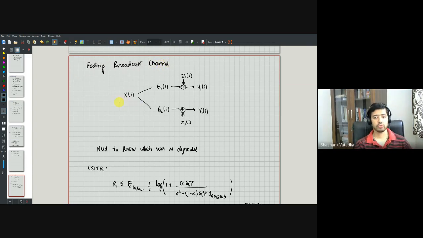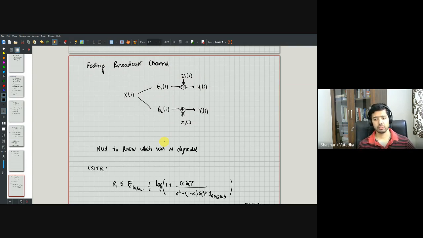Let's consider the following model, where at each time instant i, the transmitter sends a single symbol x of i, and receiver 1 gets g1 of i times x of i plus z1 of i. Receiver 2 gets g2 of i times x of i plus z2 of i, where g1 and g2 follow some particular distribution.